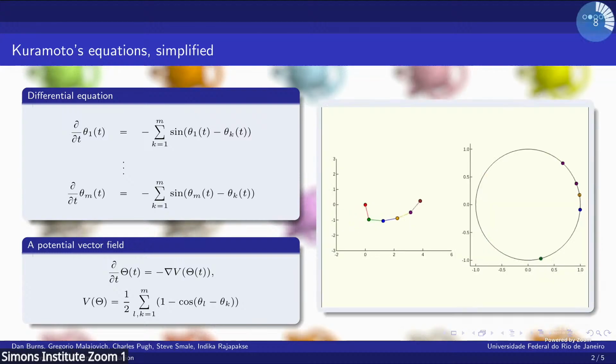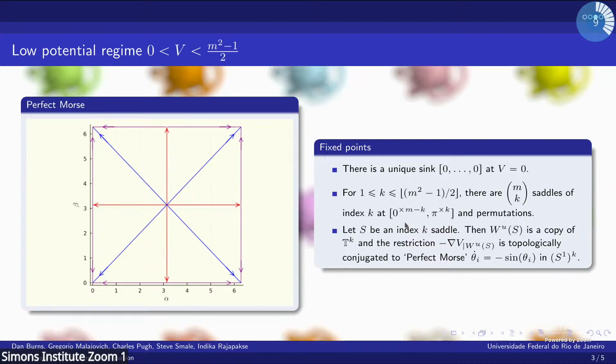Now let's get to the interesting pictures. One of the first conjectures for the low potential regime, for small potential, was that locally Kuramoto dynamics would look like perfect Morse. This is perfect Morse: a product of a repeller and an attractor, modulo 2 pi.